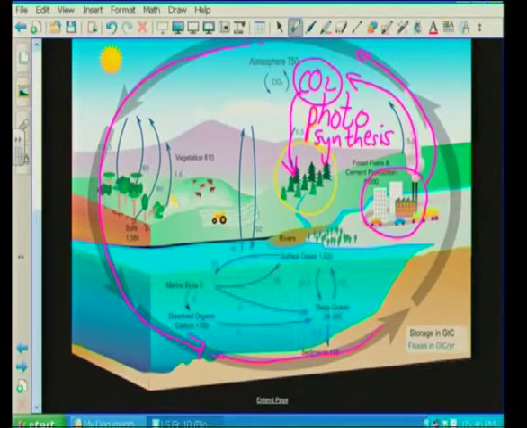All right, so the point here is that there's a cycle of carbon dioxide between the hydrosphere, lithosphere, and the atmosphere. There's a continuous cycling taking place of carbon dioxide. I'm not going to go into more detail than just that, what you need to know.